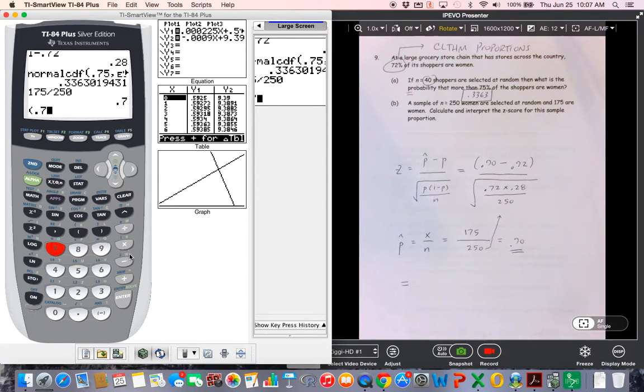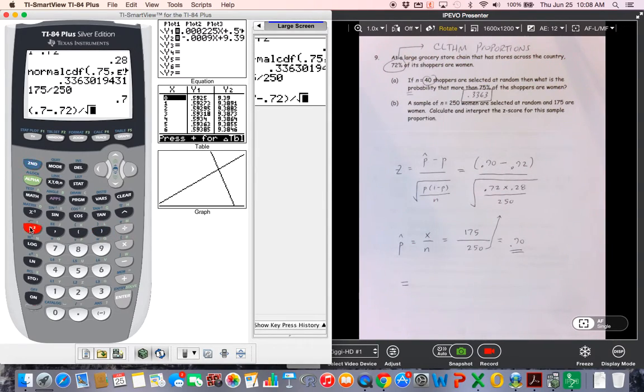So if we can put that in our calculator without doing something goofy, we're going to get this correct. So 0.7 minus 0.72 divided by the square root 0.72 times 0.28 divided by 250. I've had students before that have wanted to put the 175 there.